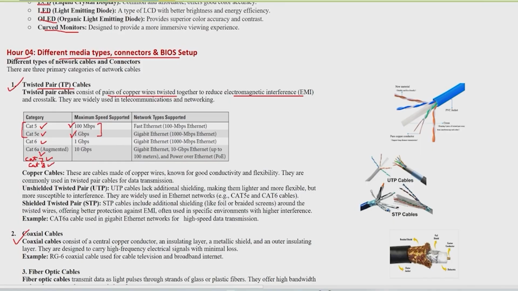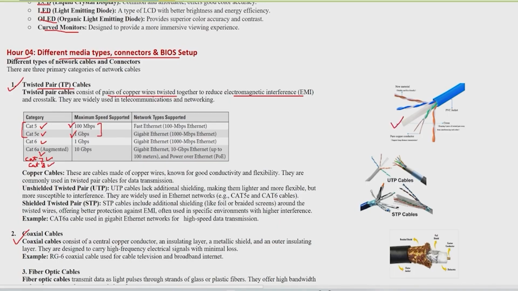What they have done is make more twists per inch. For example, first it was 1 twist per inch, they just twisted it more, so it became 3, 4, 5 twists. So the electromagnetic interference was less and the speed became more. This structure they have changed. The other structure they have changed is that they have put one foil inside also.